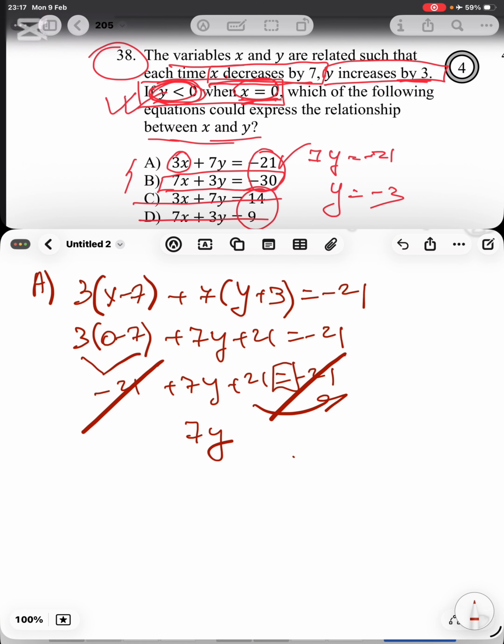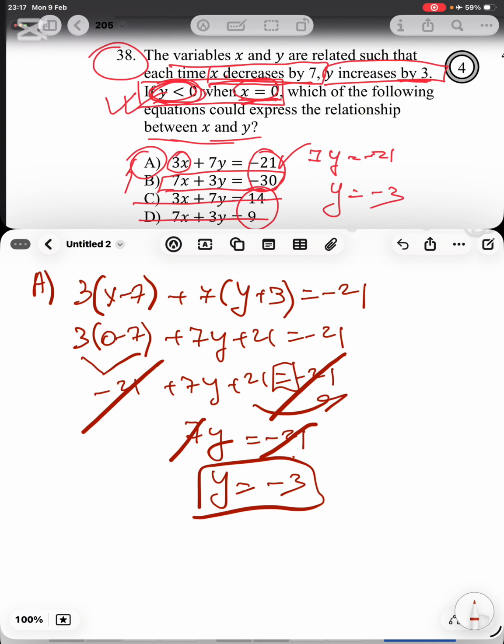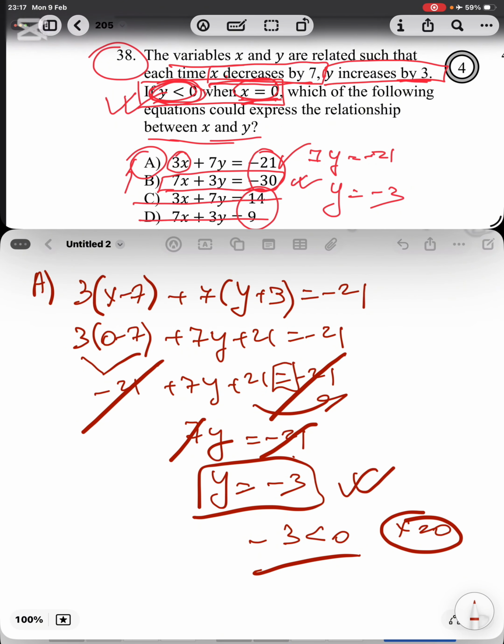Then let's find the value of y. It's going to be minus 21, and when you cancel them by 7, it's going to be minus 3. Oh, as you can see, it's going to be a choice then, because the value of y is going to be less than 0 when you are given the value of 0. That's it. So in this case, choice B is not accepted. Only choice A can be accepted in this SAT question.